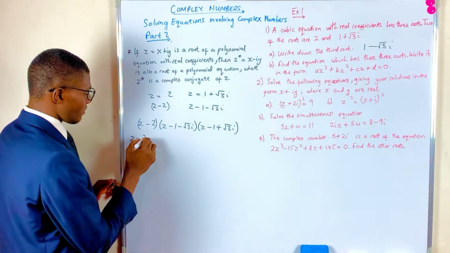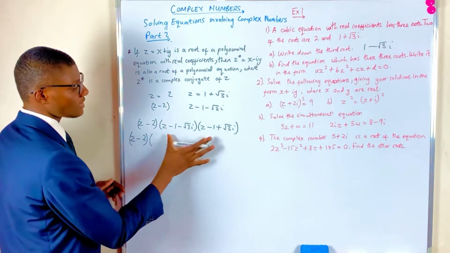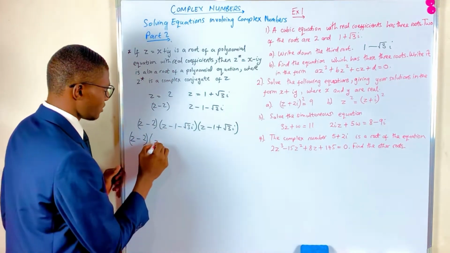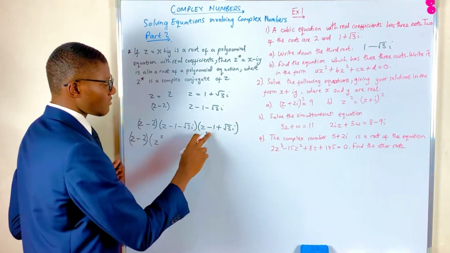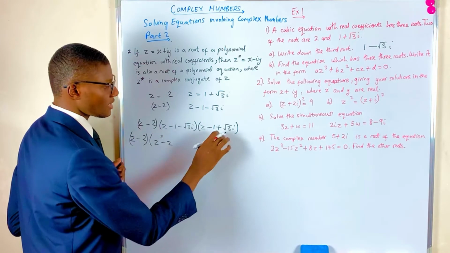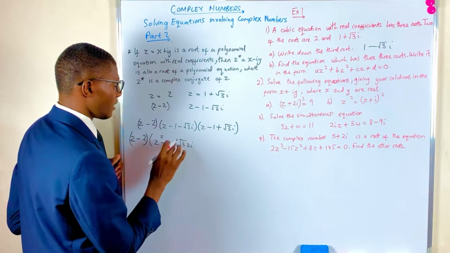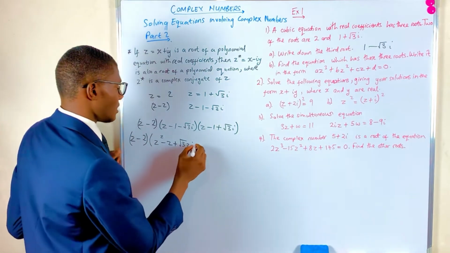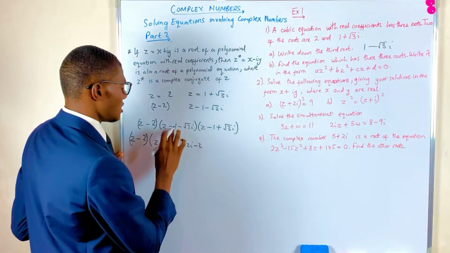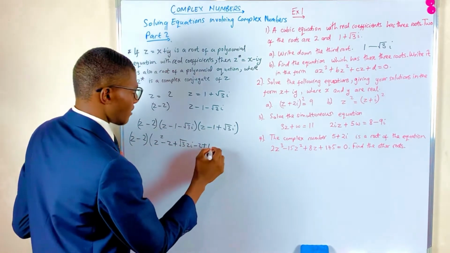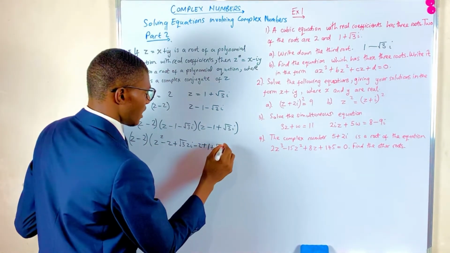Now we do the multiplication. We say z minus 2, we leave it like that. Then we start by expanding these two. z times z, we get a z squared. z times minus 1, that's minus z. z times root 3i, we get plus root 3zi. Then minus 1 times z, we get a minus z. Minus 1 times minus 1, we get a plus 1. Minus 1 times root 3i, we get a minus root 3i.